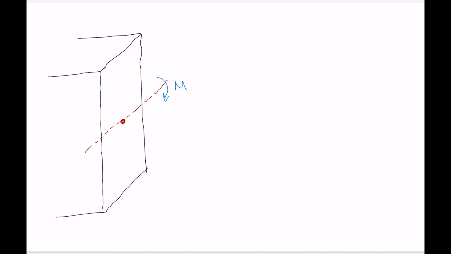So here's our internal moment here, and what we're going to do is consider some little piece of material, actually maybe I'll draw that in red, some little piece of material within that cross section, and it's going to have an area of dA.